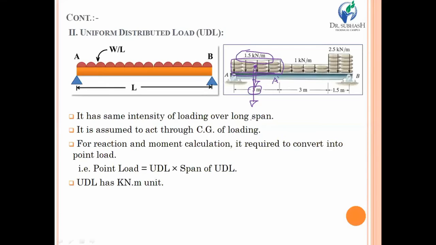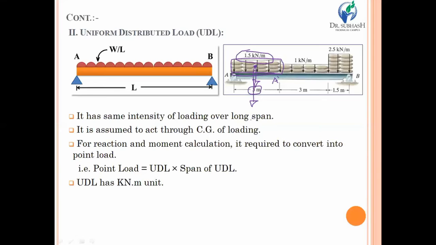Be sure that the UDL must be converted to point load. But how? Just multiply the UDL magnitude, that means the intensity of the UDL, with the length or span of the beam over which it acts. So over here 1.5 into 3 becomes 4.5 kilonewton, which is equal to the point load. But one thing is where it should be placed.